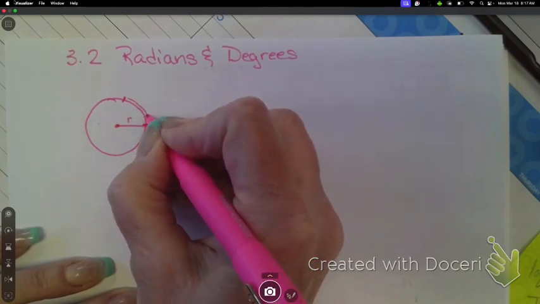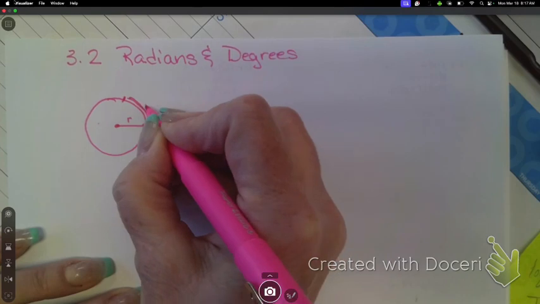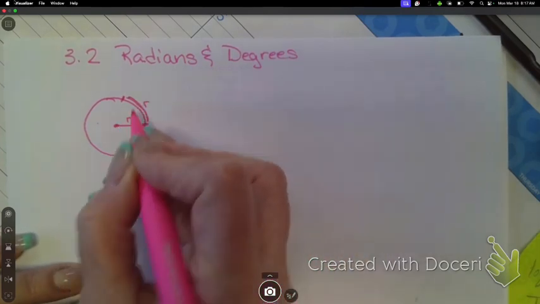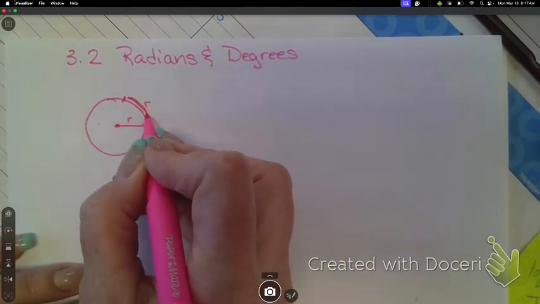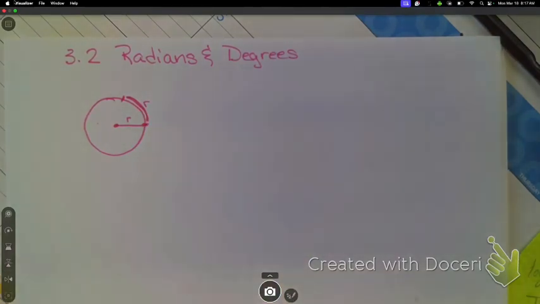So if I took a piece of string and measured this radius and then laid it on the circumference of the circle, that is 1 radian. So are there more radians in a degree or more degrees in a radian? More degrees in a radian, because a degree is much smaller than a radian.